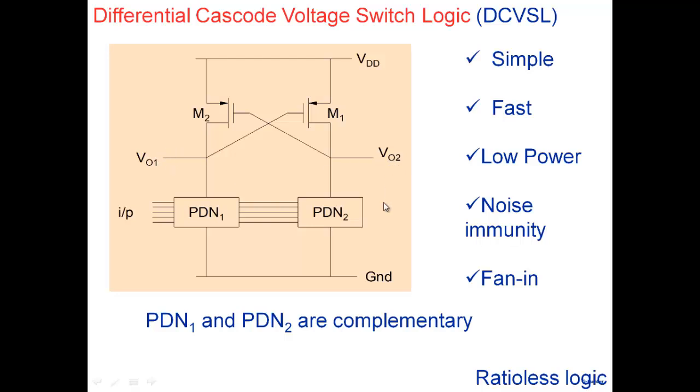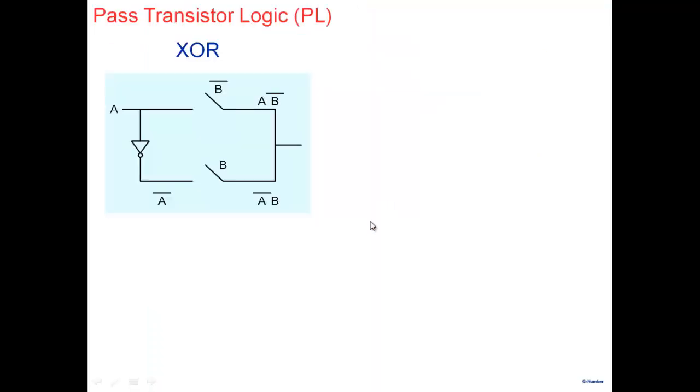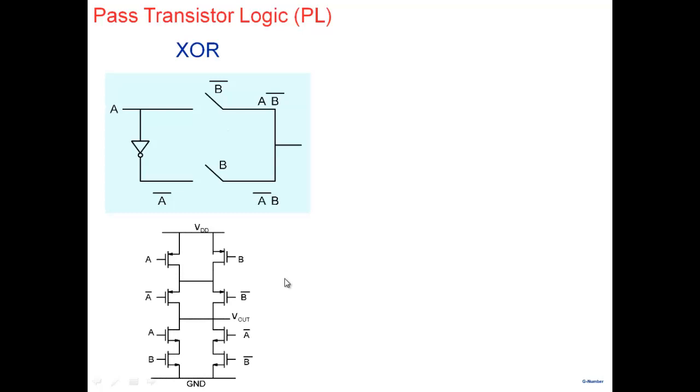All right, so we had seen this particular logic, and we had started to look at another logic which seemed to be very promising, which is pass transistor logic. So the idea was that with the help of switches, we can very efficiently implement the logic here.